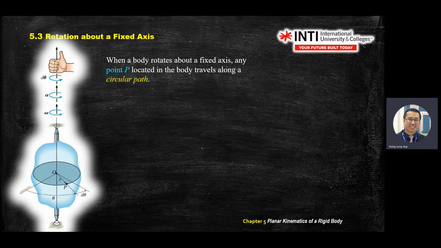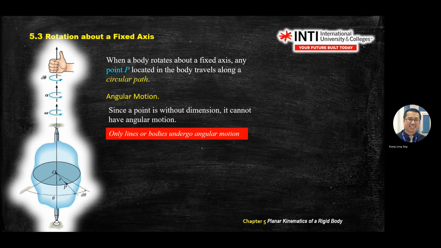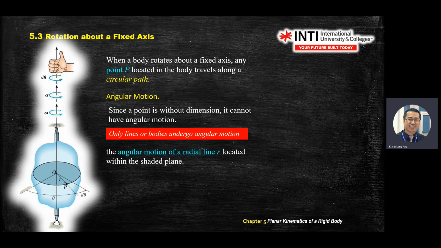When you look into angular body, you will repeat the same, but you look at the angular, what I mean by angular, rotational motion or translation motion. So angular motion, we will look at radial line R, what happened to that plane.